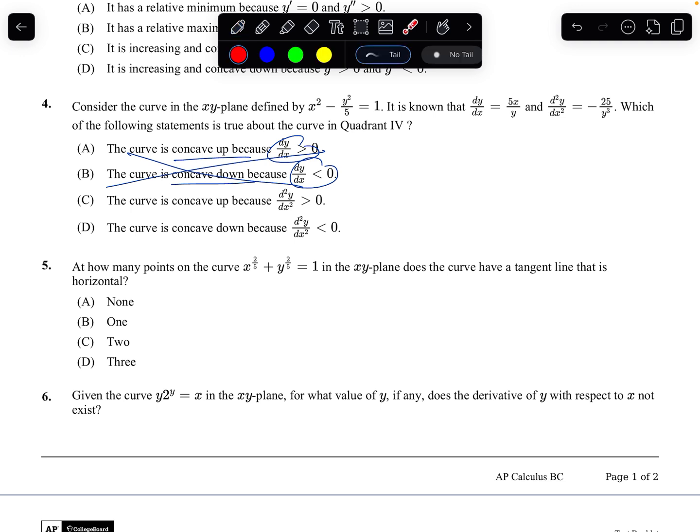So in quadrant 4, x is always positive and y is always negative.